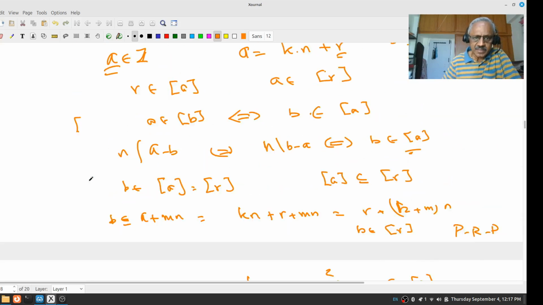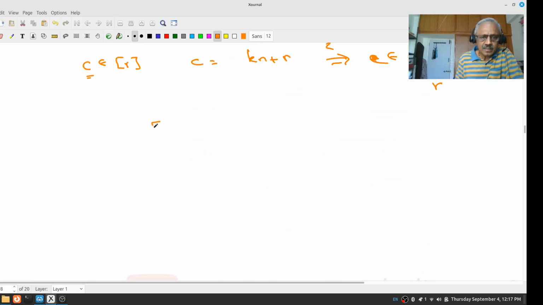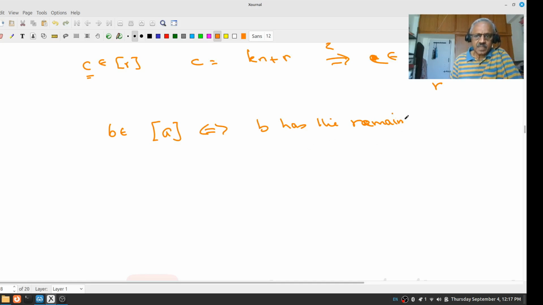So in fact, that's the easier way. Yeah, let's go back. Suppose B belongs to this if and only if B has the same remainder R when divided by n, etc., are understood.